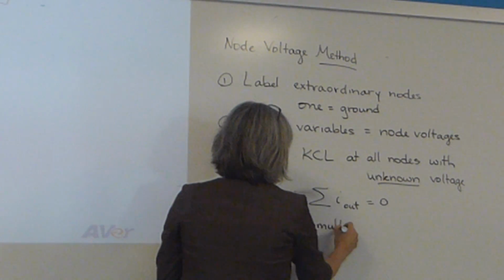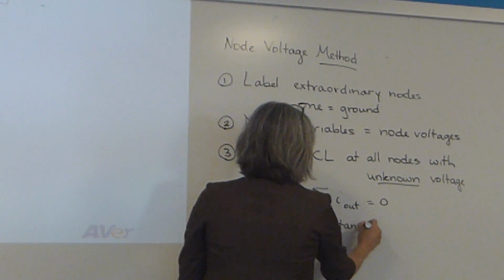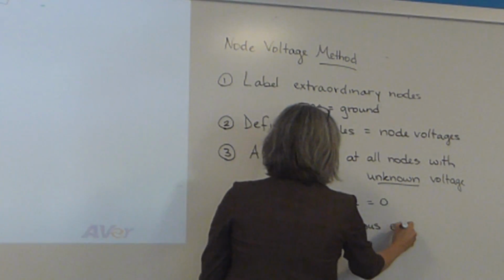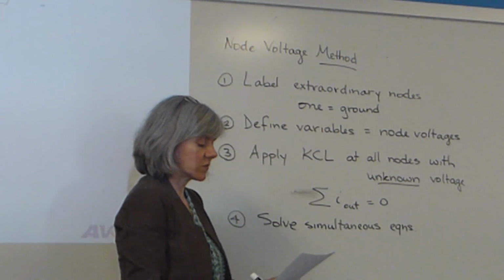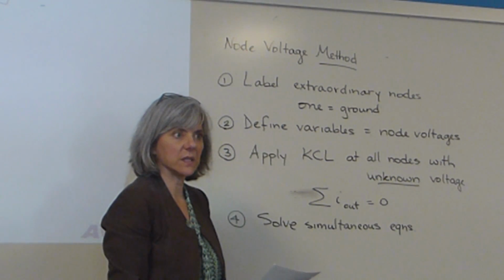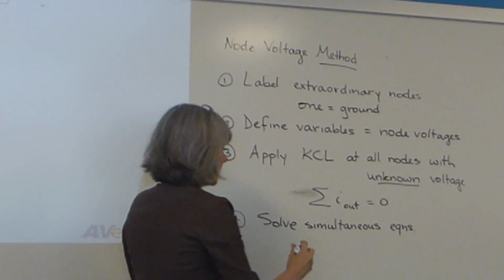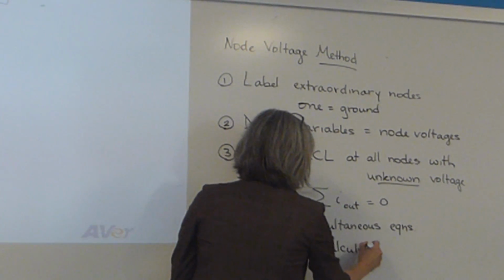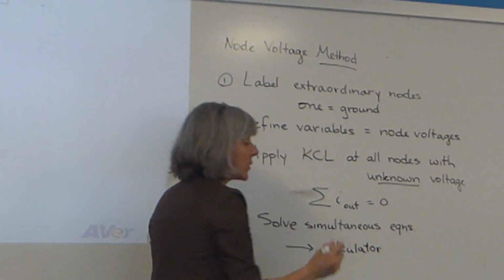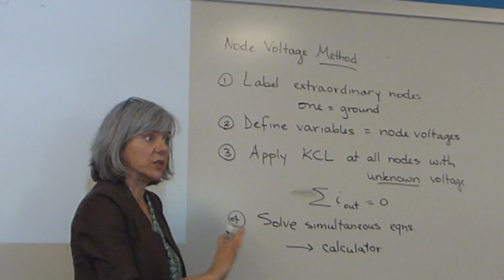Where we are happy to have calculators. Not everybody allows you to use calculators for this. That seems silly to me not to. So it's blunt, we're going to use the calculator for that. And then remember what that gives us. That's going to give us all the node voltages.